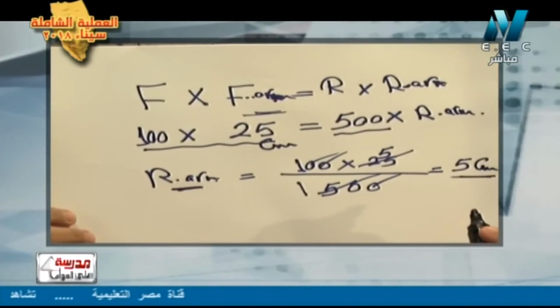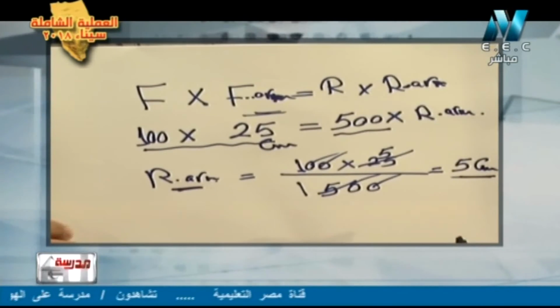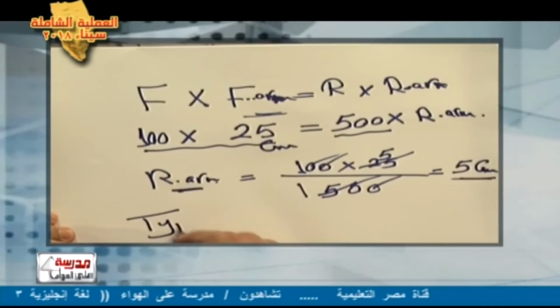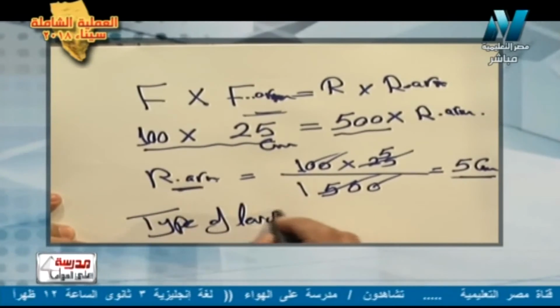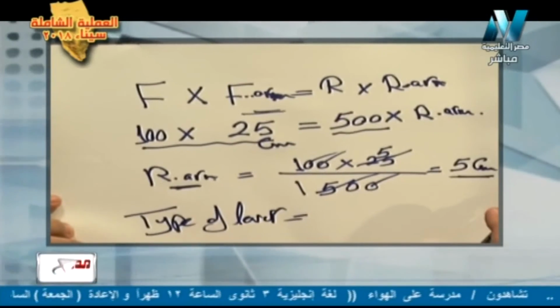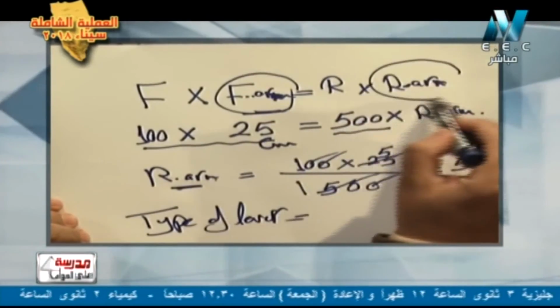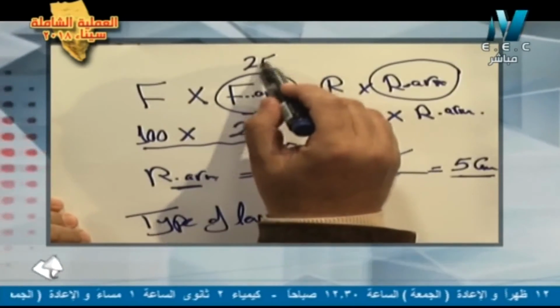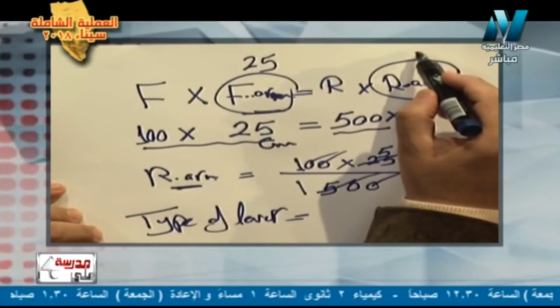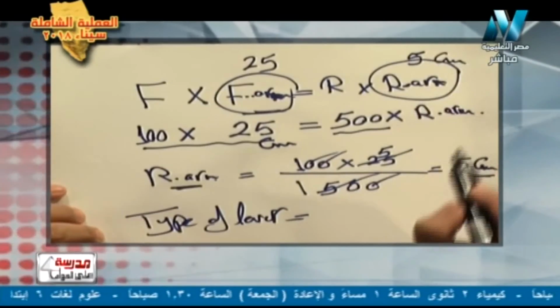Okay, so here, he didn't ask me, but maybe I will ask you, the type of lever. I must compare between what and what? Effort force arm and resistance arm. Effort force arm was 25 centimeter. Resistance arm will be 5 centimeter only. Which one is longer?